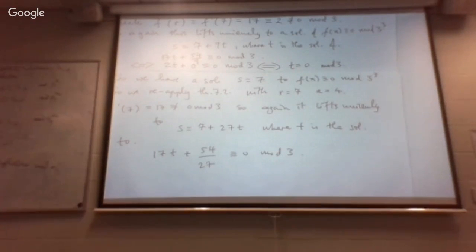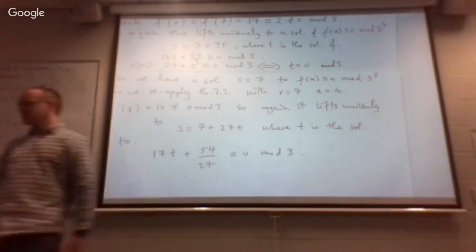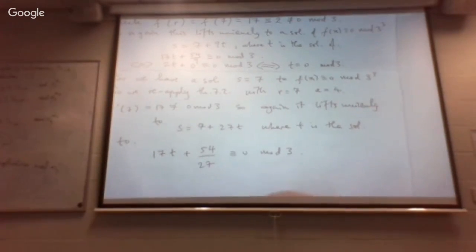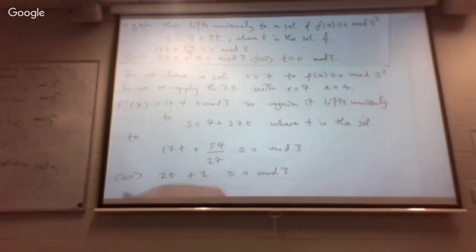But again, this has the solution 0 because 54 divided by... No, it doesn't. Excuse me, that's wrong. So reduce everything modulo 3. So that's 2 times t. 54 divided by 27 is 2. So 2 times t plus 2, so that means 2t is congruent to minus 2, which is congruent to 1 modulo 3. So t has to be equal to 2.